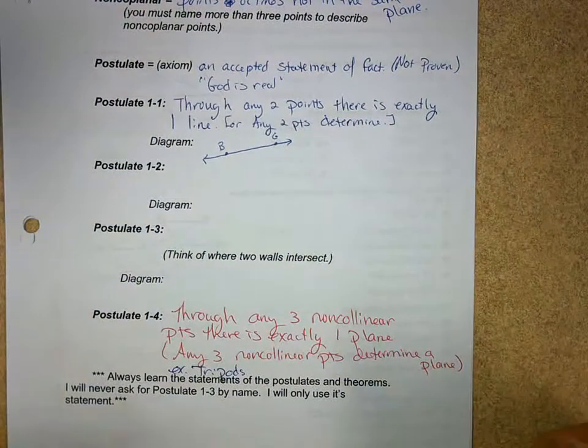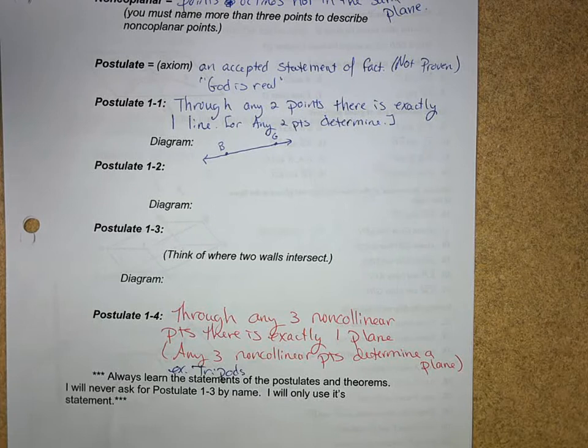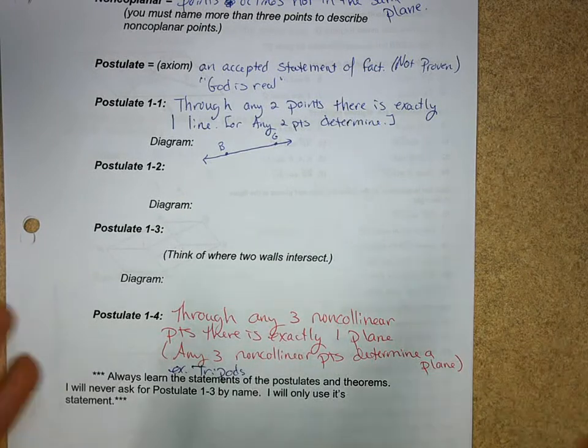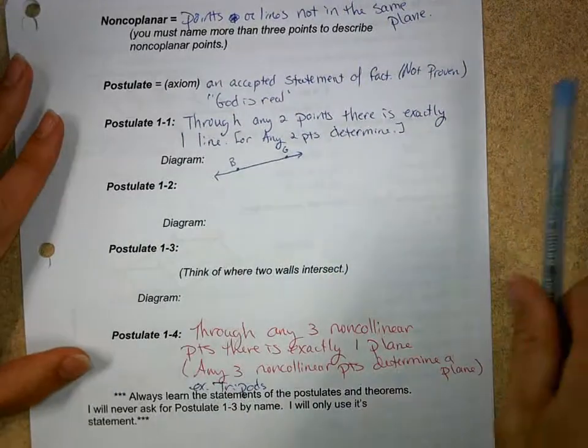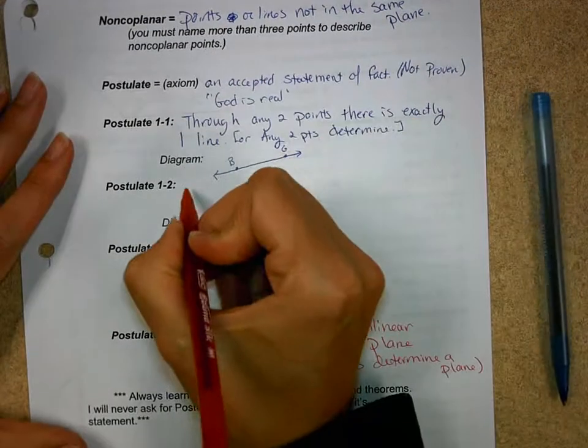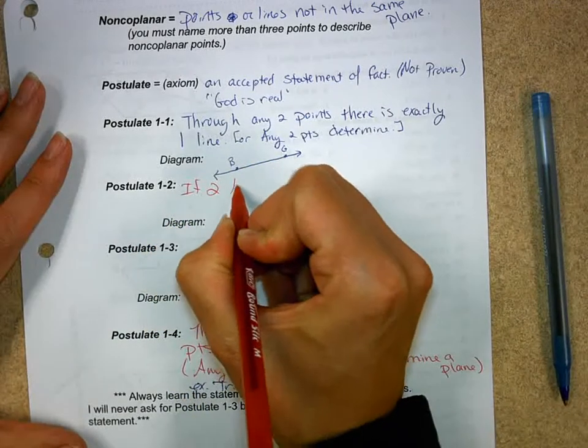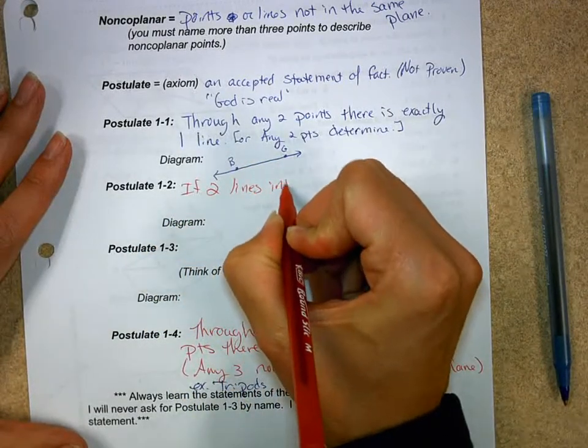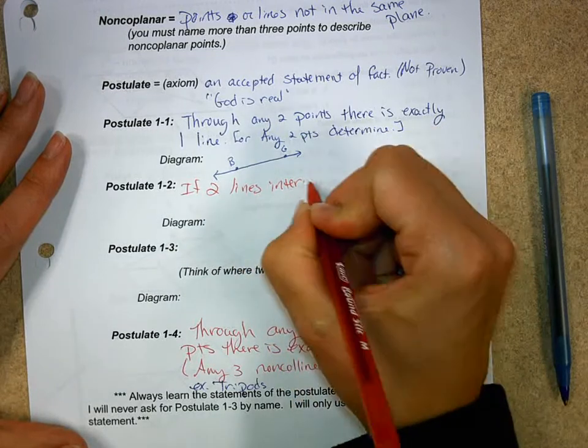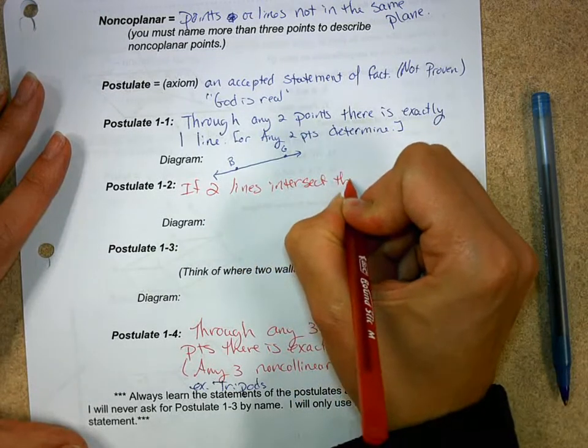Well, we only have 2 postulates left, which are the foundational ones of all of geometry. So I just get so excited when I talk about them. These make lines always be straight and planes always be flat. They don't curve. And the first one is the following. If 2 lines intersect, which means meet.